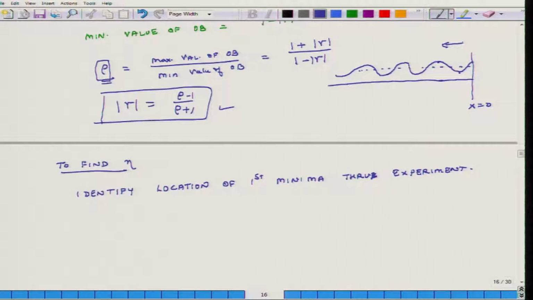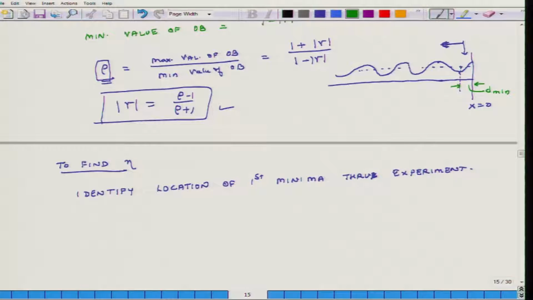So, we have our microphone and we move it in this direction, and we identify the location of the first minima. So, let us say this is the first minima, and let us say this distance is d min.